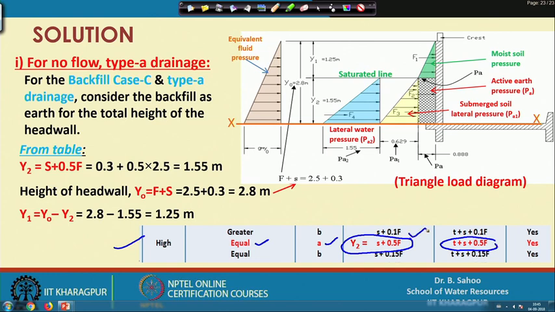Here f is known as 2.5, s equal to 0.3. So, I can estimate it as 1.55 meter. Height of head wall, from this figure you can see, is given as y naught equal to a plus s.